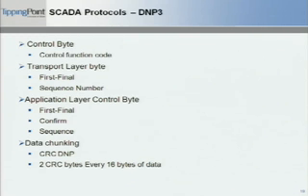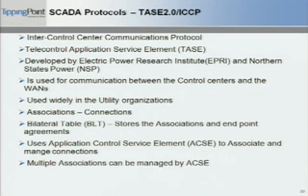If the first bit is set, it means it's the first packet of the communication. If the second bit is set, it's the last packet. If both of them are set, then it's the only packet of the communication. The next 6 bits are used for the sequence number in the first byte. Then these are all the application layer, and like I was telling you, 2 CRC bytes after every 16 bytes.